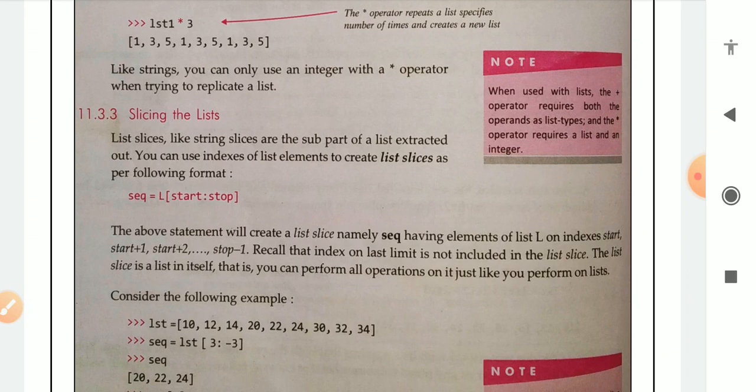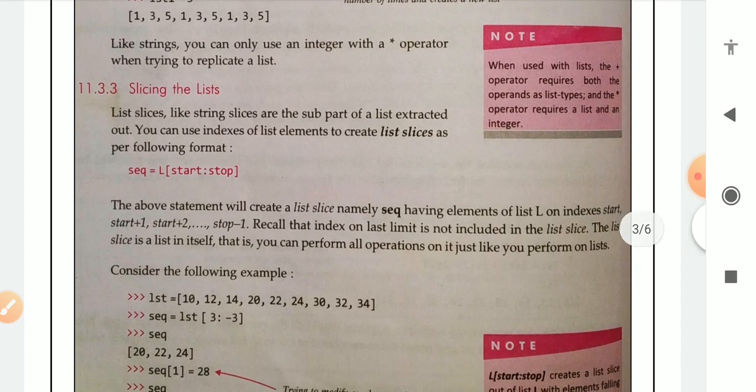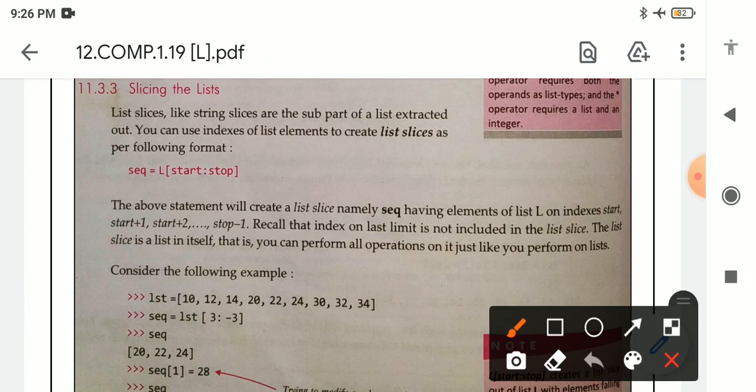Third one is slicing the list. List slices, like string slices, are the sub parts of a list extracted out. You can use indexes of list elements to create list slices in the following format. Here we will perform slicing. There will be a list, and from that we will take out the elements according to the numbers, start, stop and step.